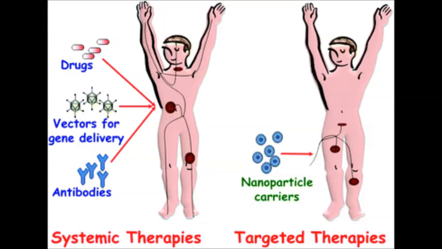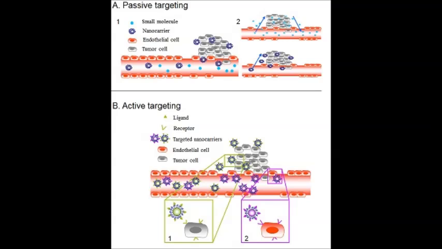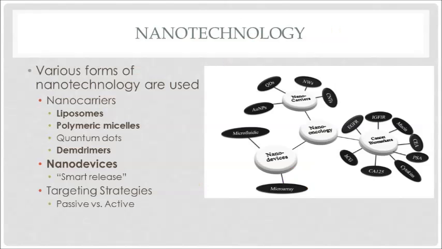So the cancer cell would become more permeable to this drug, so there would be an increase in drug uptake into the cancer cells. There's also active targeting. Nanoparticles target the cell surface receptors of the cancer cells.